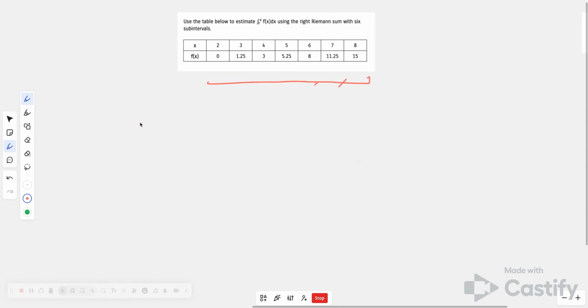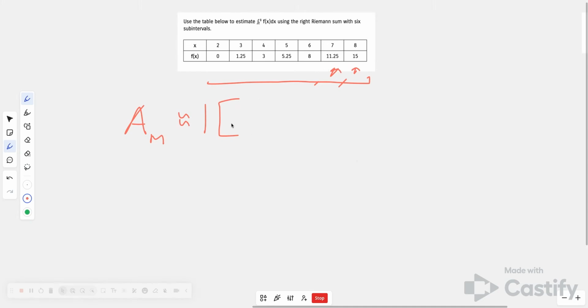So when we write it out, and also because the Riemann sum is an estimate, so we have to use the approximation, and then it would be 1 because that'd be the length of the subinterval, times, and because it's a right Riemann sum, we're going to start from the rightmost value and then keep moving by 1 unit.